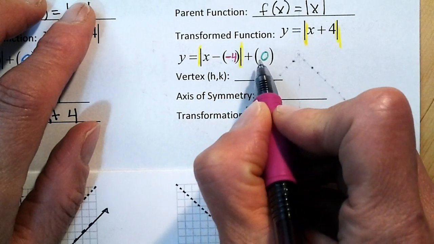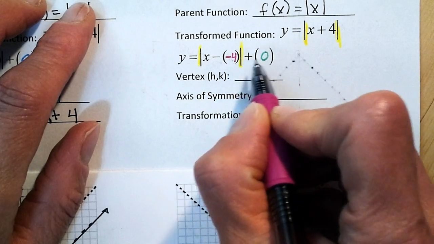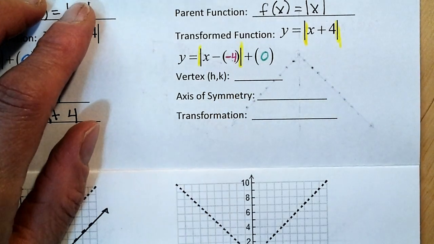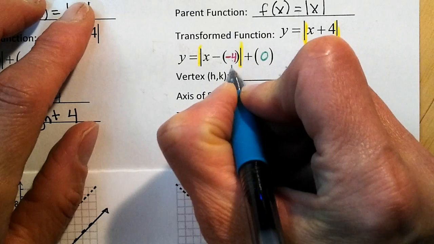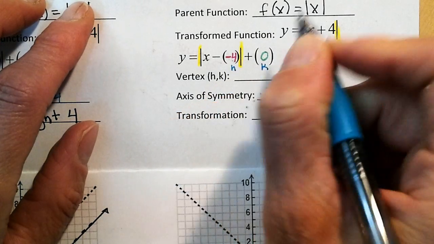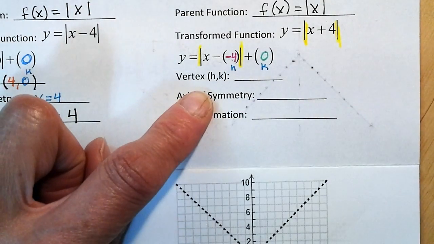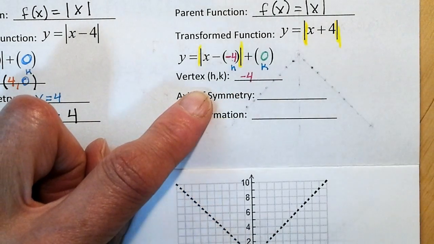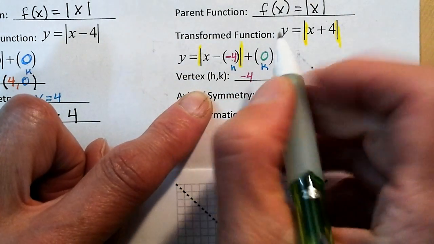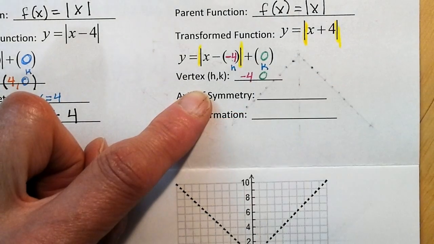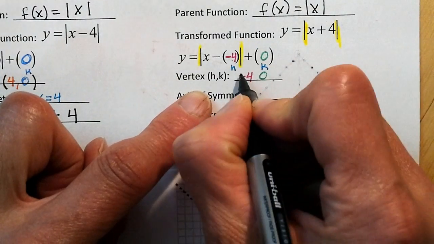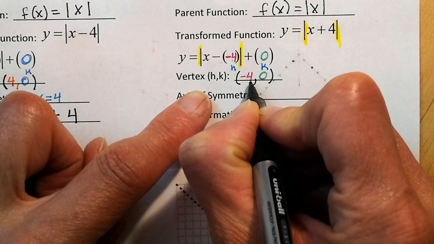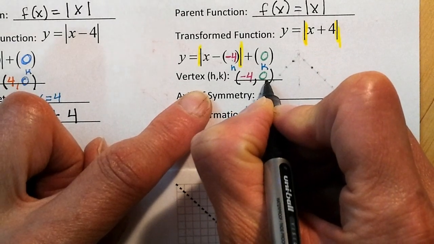So that means this is where we get our vertex, right here. And so we call this h and k. So notice here that my h is negative 4 and my k is 0. So that means that my vertex is negative 4, 0.